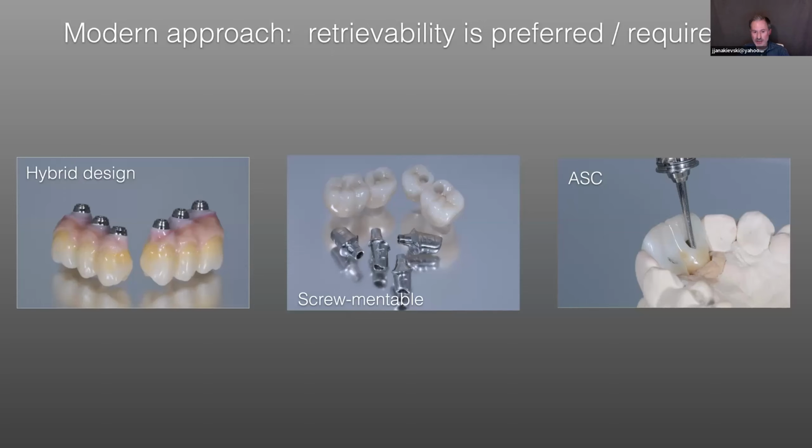We can cement a crown on there, but we still have retrievability because we have a hole through the crown, and we're using less metal and more CAD/CAM developed and produced products. And we even have these angulated screw channels, which now allow us to create a screw retained design, even if the implant angulation isn't favorable for it. Now we don't have those challenges anymore.